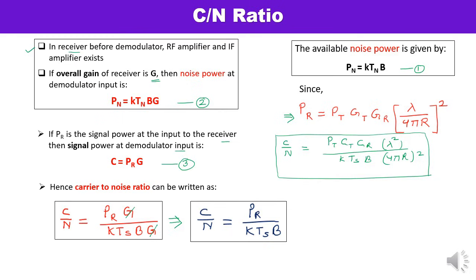If you are going to calculate the ratio of carrier to noise power spectral density, you know that noise power spectral density is noise per unit bandwidth.